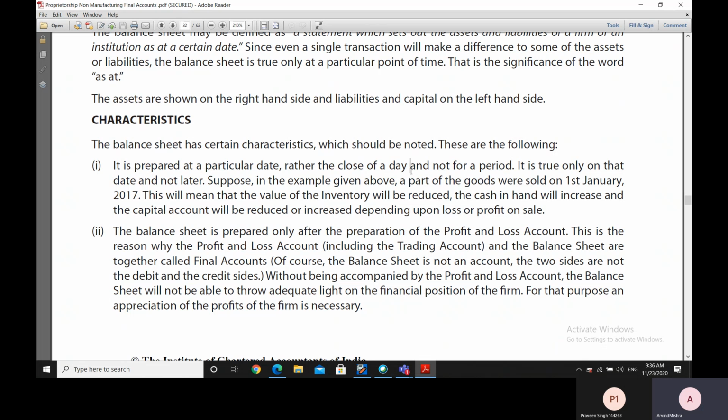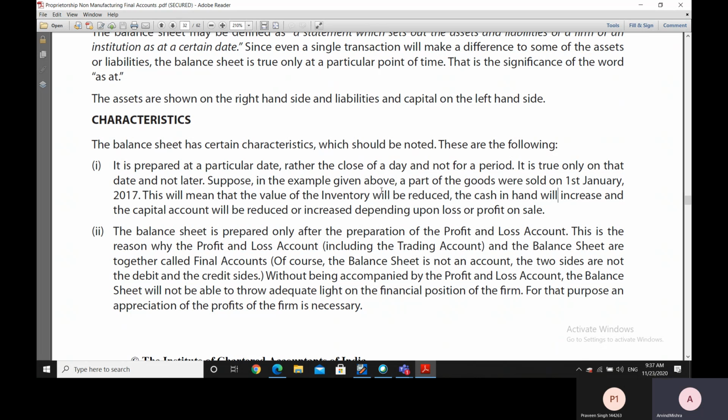It is prepared for a point of time, not for a duration of time. Therefore, this balance sheet would be true only for that particular point of time.